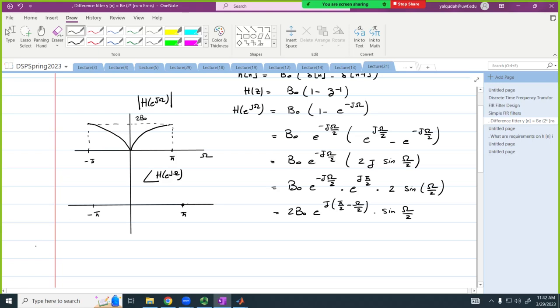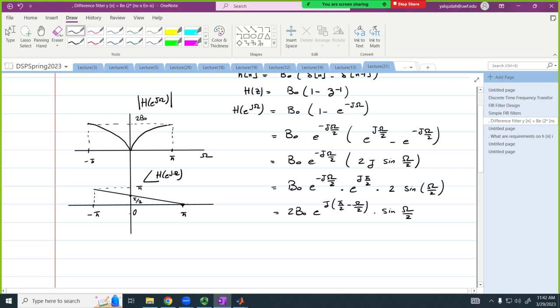When it is negative pi, it is going to equal pi. And between them, they're going to connect together. Something like that. And when omega is 0, this is pi over 2. Together?